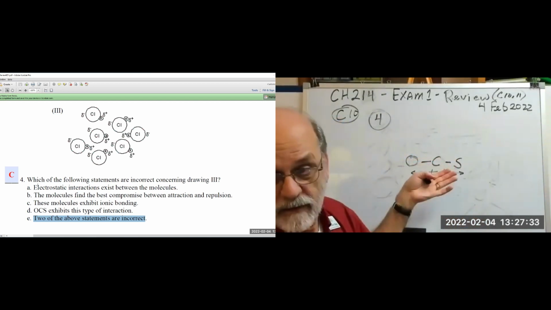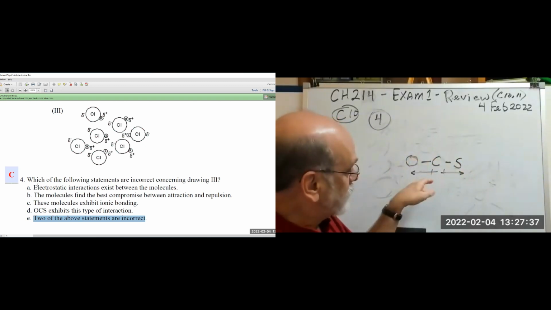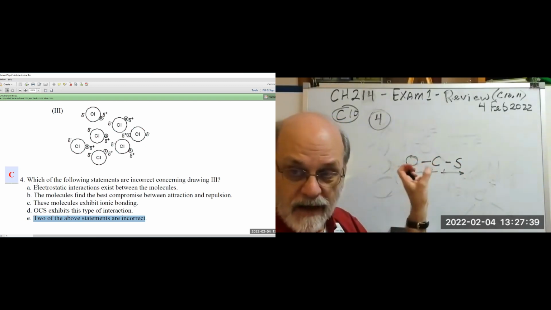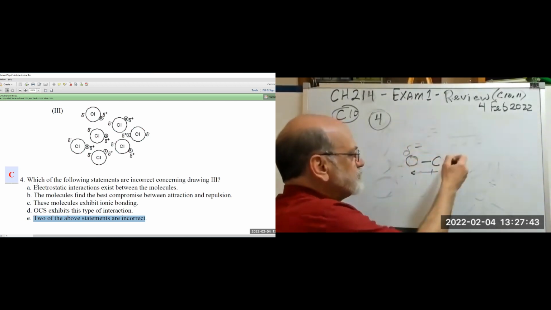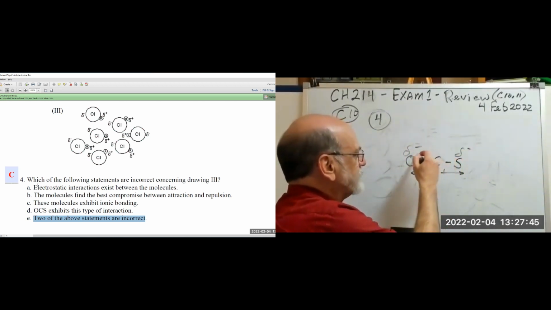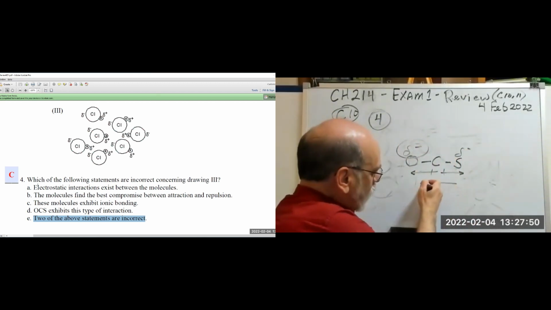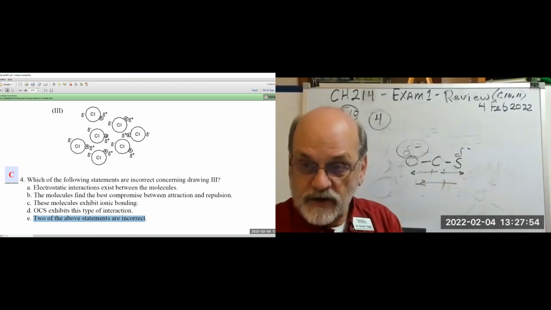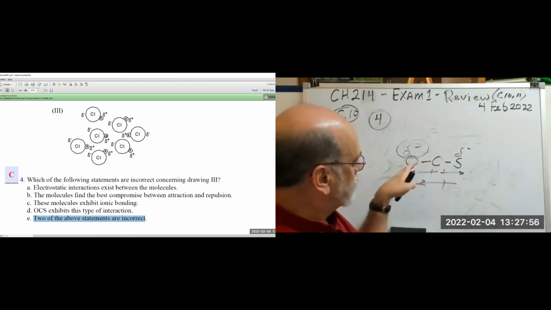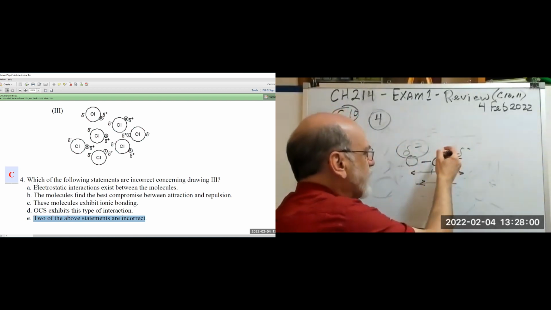Even if it is linear, and I'm not saying it is, but even if it is linear, the slight negative charge on this side is bigger than the slight negative on that side. So it's going to be overall that direction. That means you do get a difference. You get a separation here, and this is slight positive.